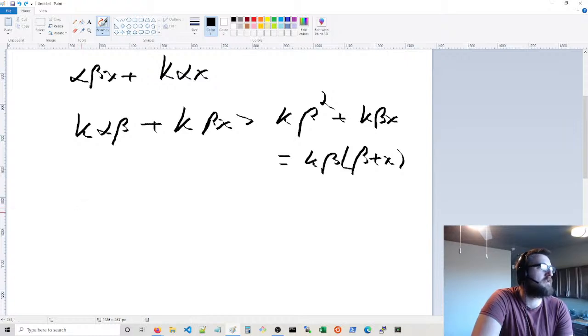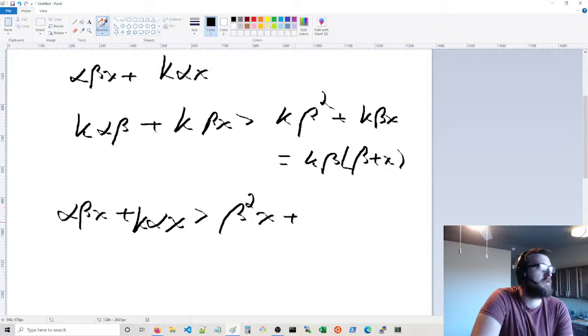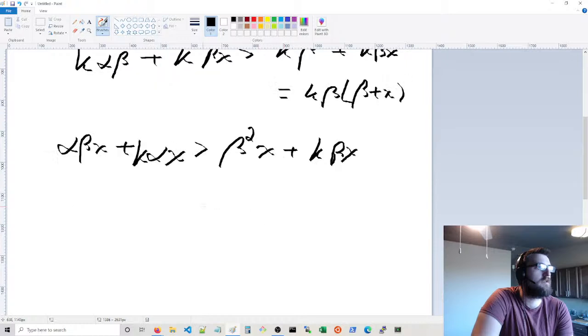Alpha beta x is then greater than beta squared x plus k beta x, which is beta x times beta plus k.